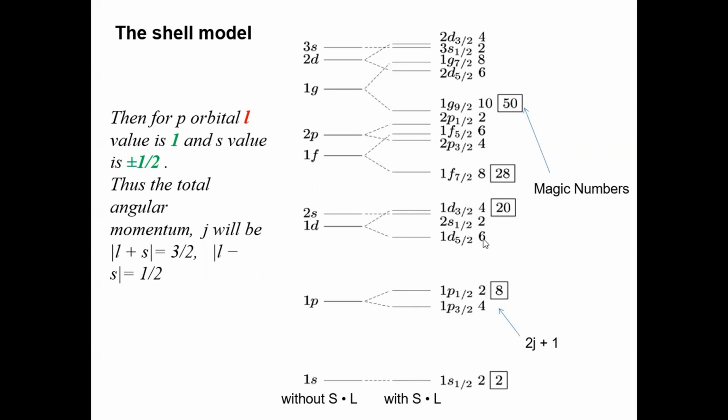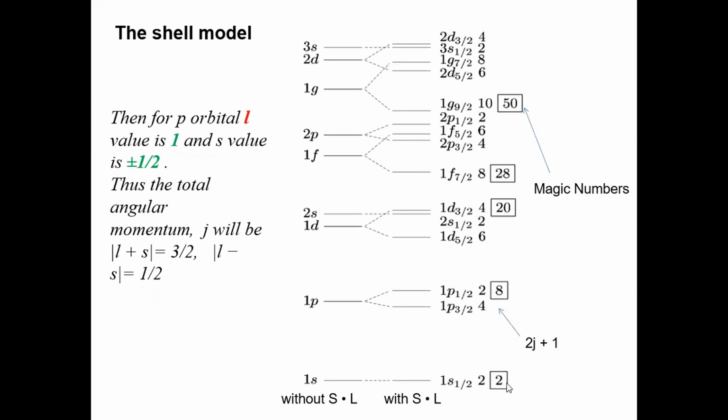And then if we move further, we see 6 and 4 and 2. So all in all, 8 plus 6 plus 2 plus 4 is 20. 20 plus 8 is 28. 28 plus 22 is 50.